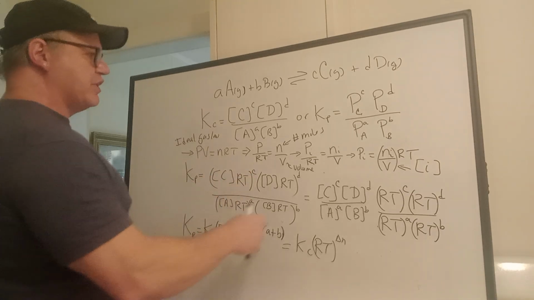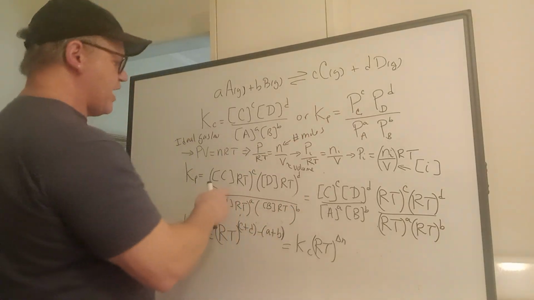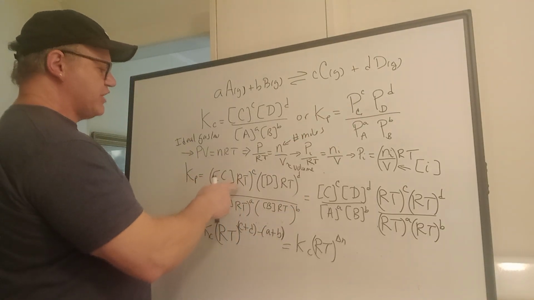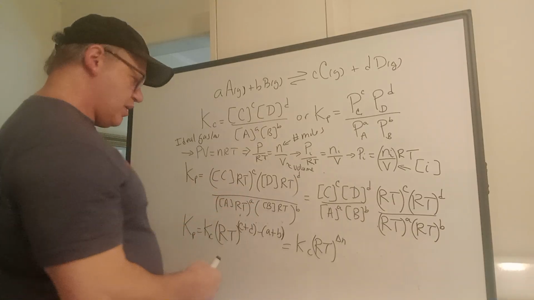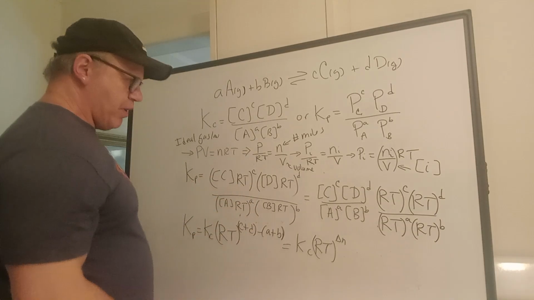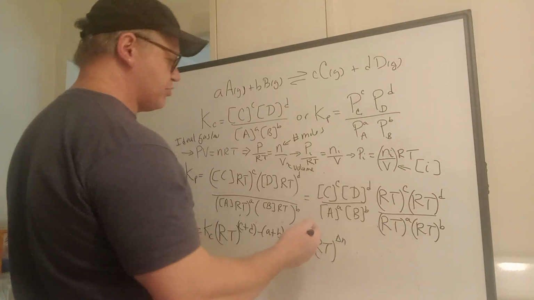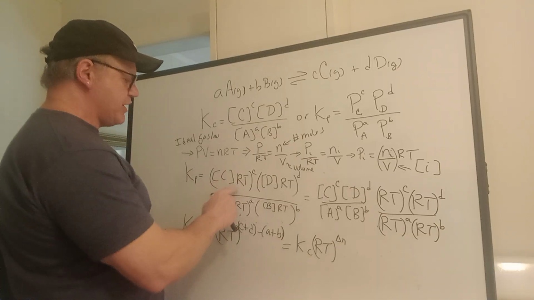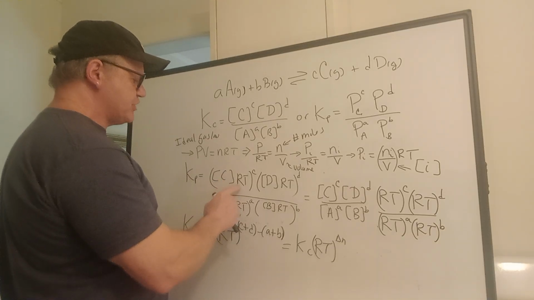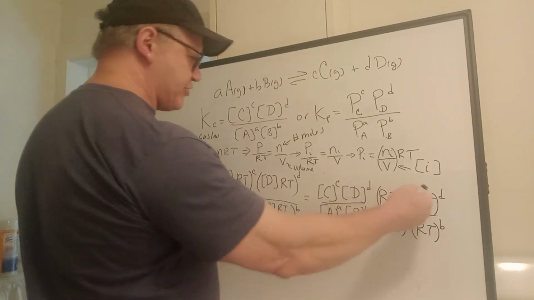So all I've done is substitute in for the pressure, concentration times RT, with concentration in molarity in each case. Using laws of exponents from basic algebra, you can separate out the two terms in here, the concentration terms and the RT terms, so you factor out, if you will.